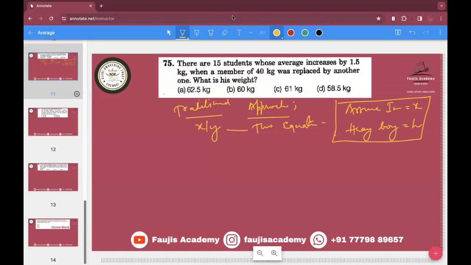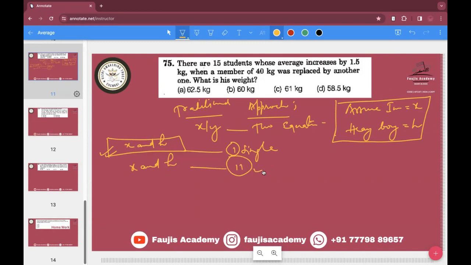Tarun, are you there? See, whatever steps I told you, I'm not a very big fan of it. The mistake I was making was getting one single equation in two variables, X and H. In order to solve for X and H, we have to find another equation in the form of X and H. Two equations.